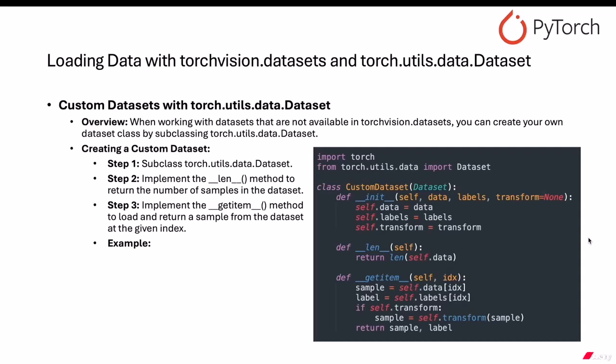Then another function __len__ passing self to it, and I'm returning the length of self.data. Then I'm creating __getitem__, which is the third step, where I'm passing self and idx, and I'm creating a variable sample equal to self.data[idx] and label equal to self.labels[idx]. If self.transform, I have sample equal to self.transform(sample), and then finally returning the sample and label.